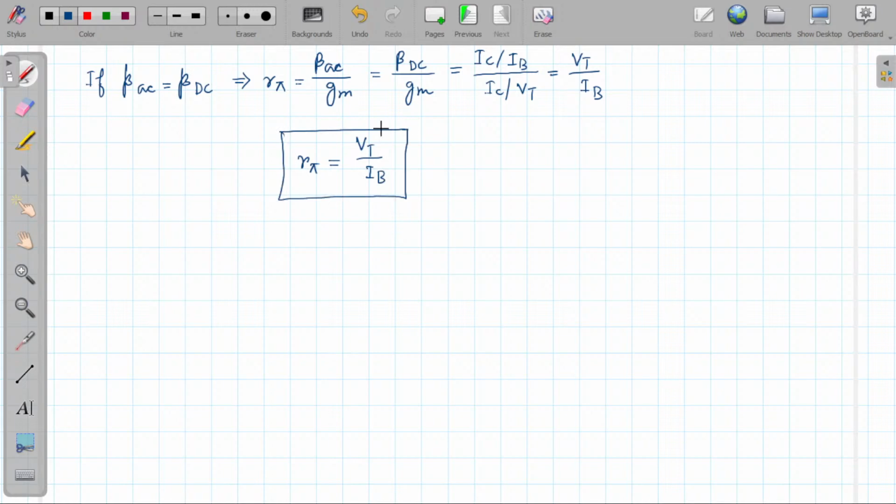This is a very important relationship, and it is generally used when the AC beta and the DC beta are the same. So this is how we can find the input impedance of a bipolar junction transistor.